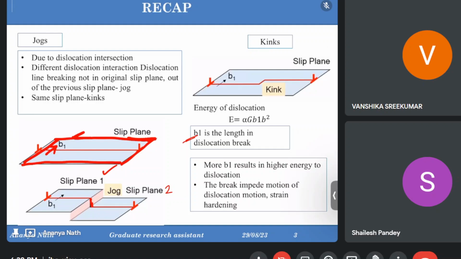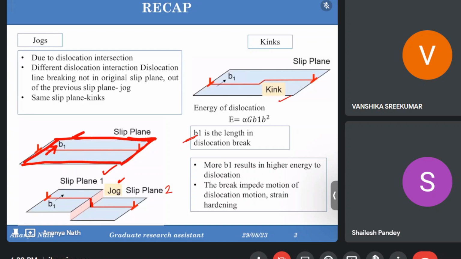Now as they have been broken, they will find it difficult to move further. If this breakage has happened in two different planes, it is called a jog. And if even after breaking the dislocation has remained in the same slip system, meaning the same slip plane and direction, then it is called a kink. It's as simple as that.